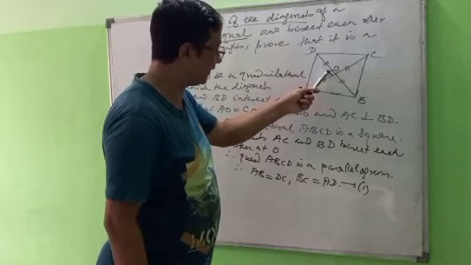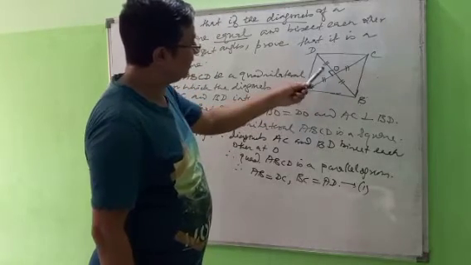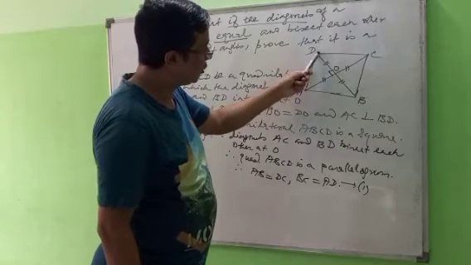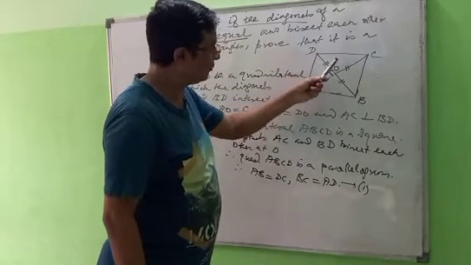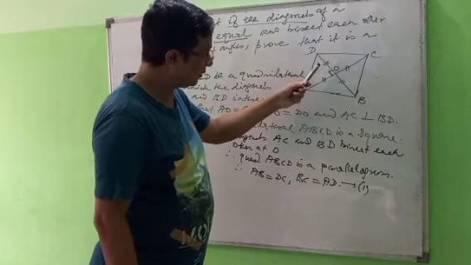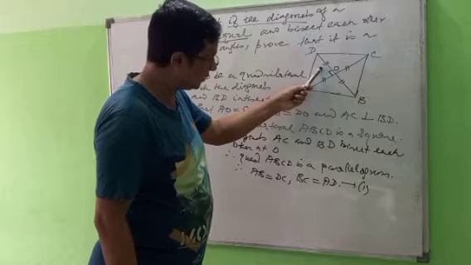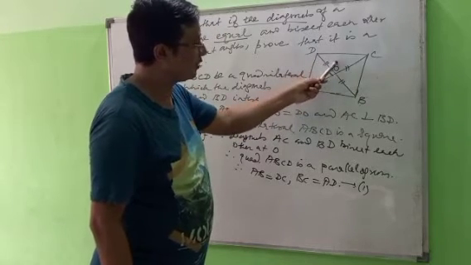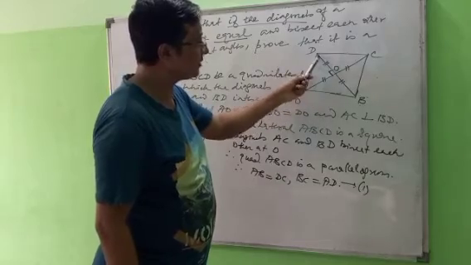So they have given that. Then in these two triangles you have the side DO, which is the common side for both triangles. So from the two triangles you have got side, angle, side. So the triangles are congruent by side, angle, side.